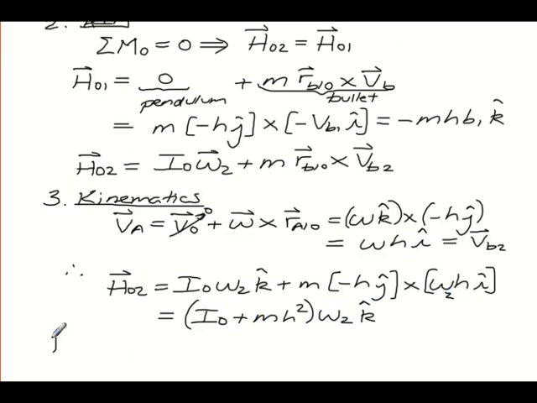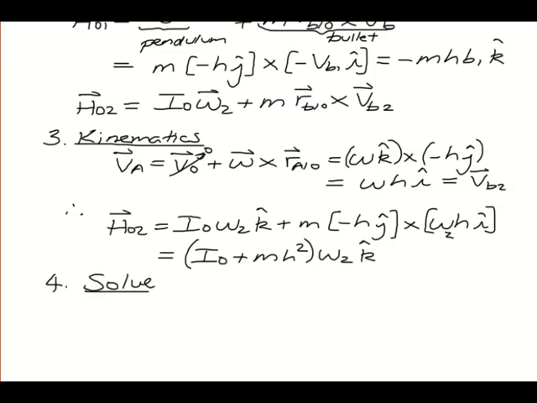So when we solve this, we set HO1 equal to HO2. At the beginning, we had HO1 as being minus m h vB1. I'm sorry, this is bad notation here. This is going to be a vB1.